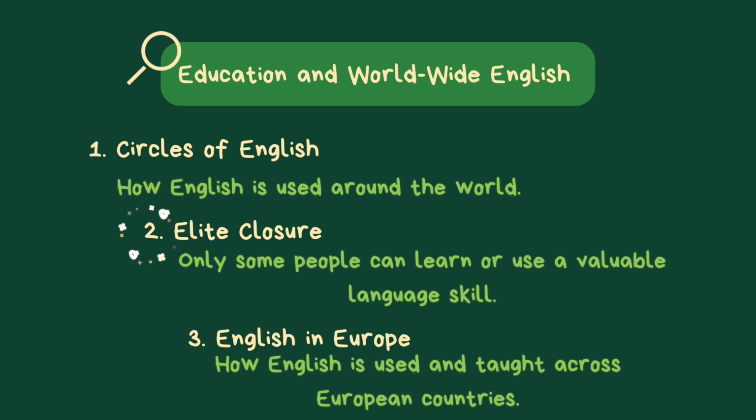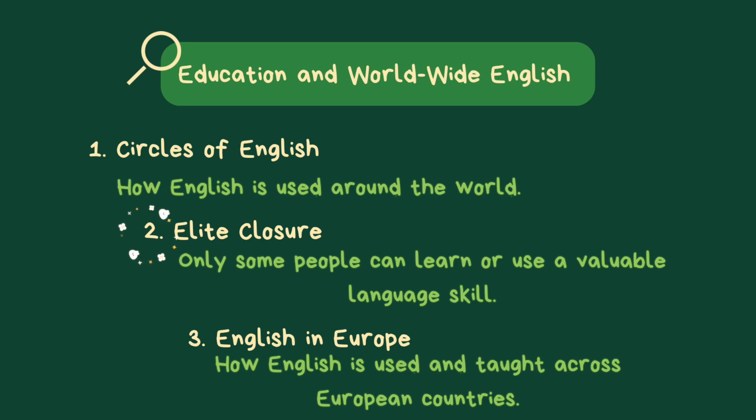Elite culture refers to the phenomenon where the ability to learn or use a valuable language skill, such as English, is limited to certain groups, typically those with higher economic, social, or educational access.